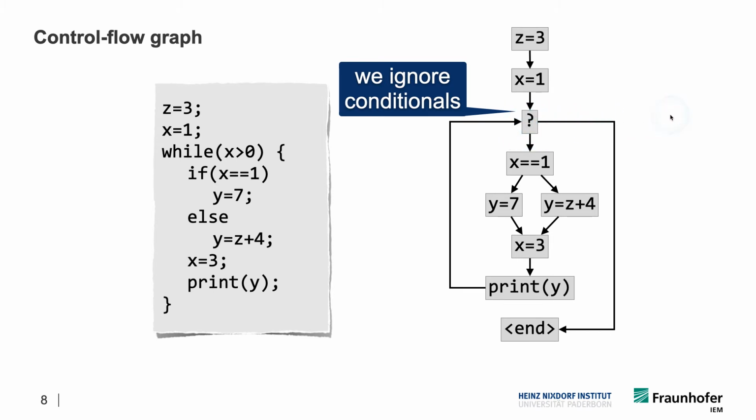There are certain kinds of static analysis that do look at conditions and try to match conditions against one another. For instance, in dead code analysis, that is important to figure out whether code is actually dead or not. But most other static data flow analyses ignore conditionals completely.